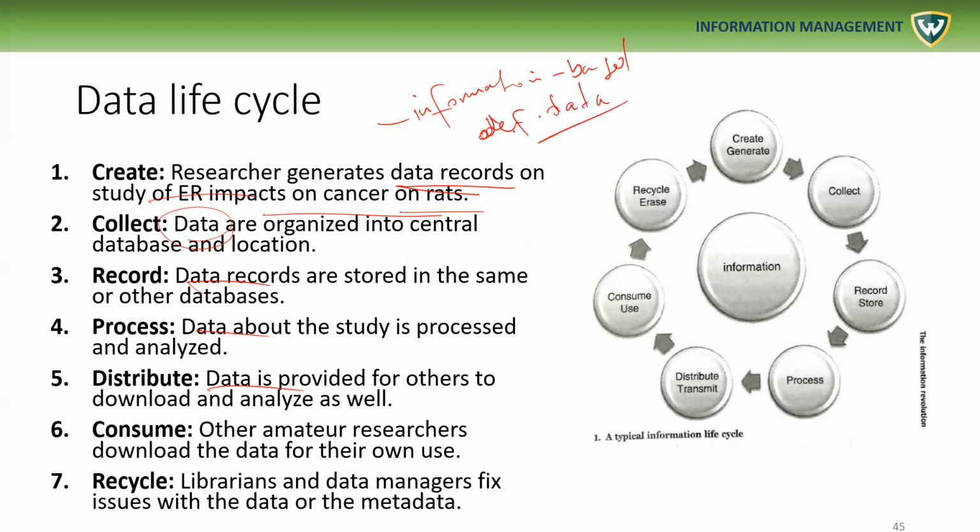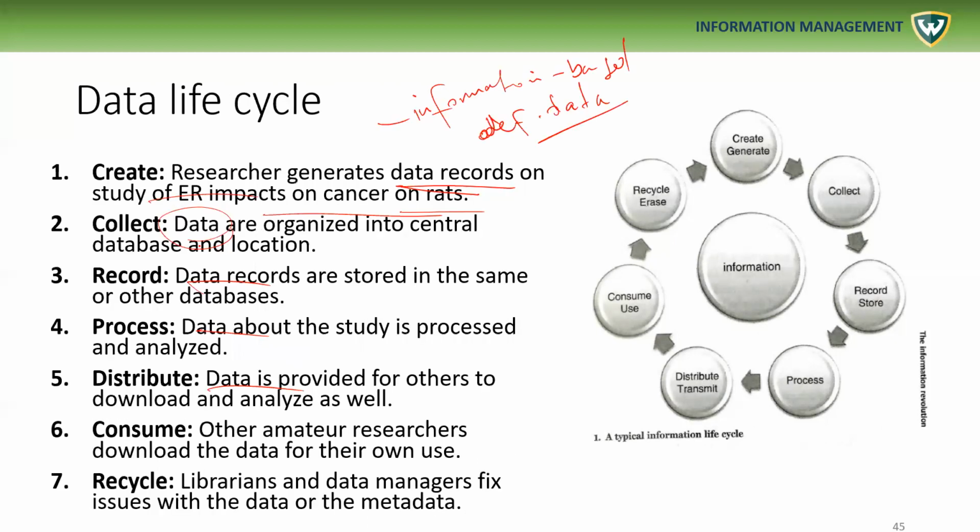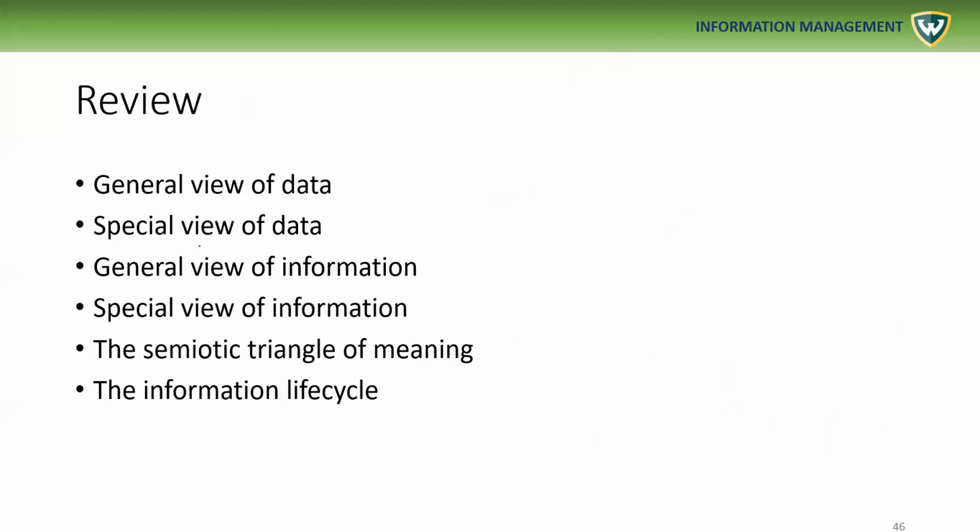But the point is that in terms of the life cycle, we're often concerned either about the records themselves and whether the records are well kept and well managed, or sometimes we're concerned about the information in the sense of the interpretation and the meaning itself and the truth value of the hypothesis. So those are the two views of data and information and how they may play out in the information life cycle.